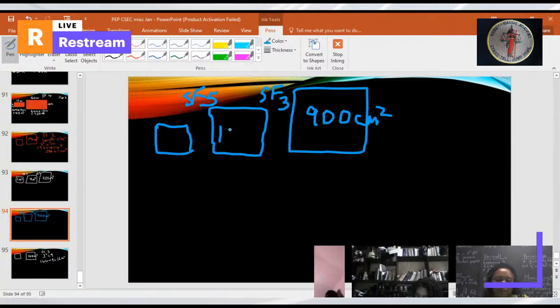All right. So this is 100. And the first one, since the scale factor is 5, 100 would be 25 times larger than the small box, which would make it 4. Because 100 divided by 25 is 4 meters squared.